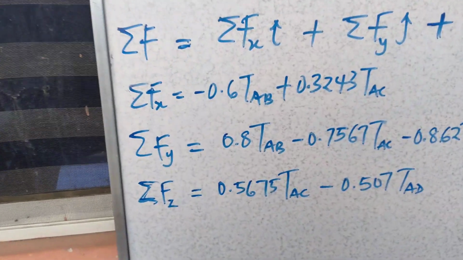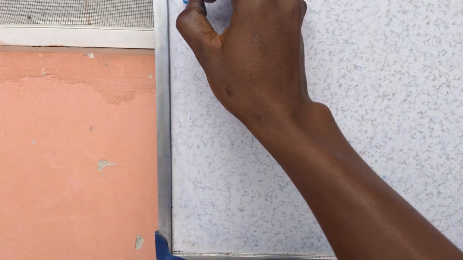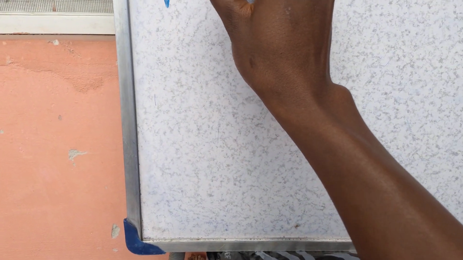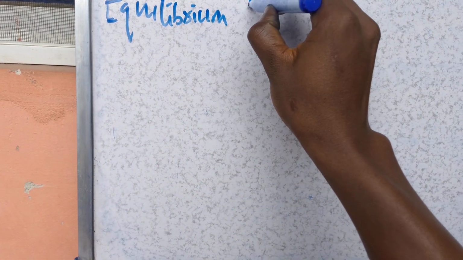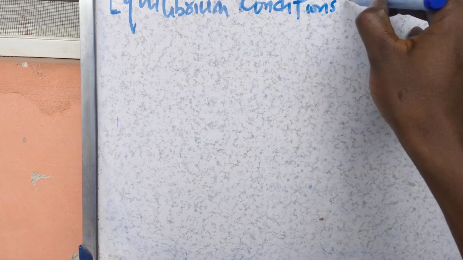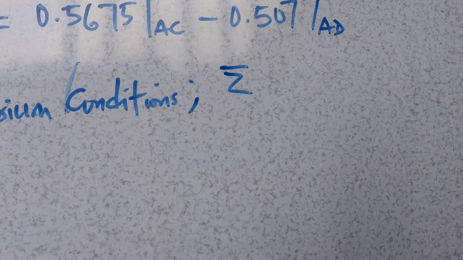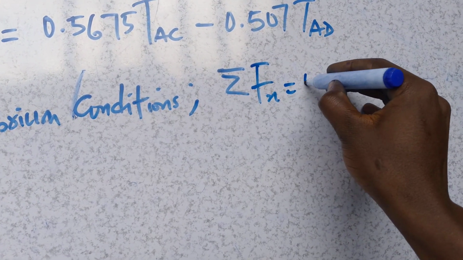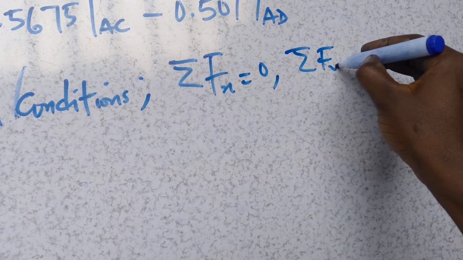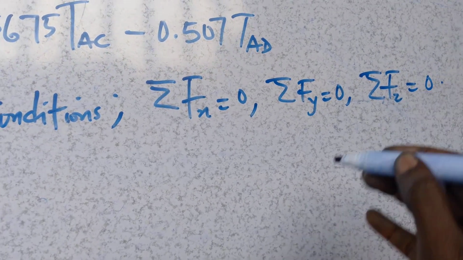Now the next thing I look at is the equilibrium conditions. Static equilibrium conditions show us that sigma Fx is 0, sigma Fy is 0, and sigma Fz is also 0.